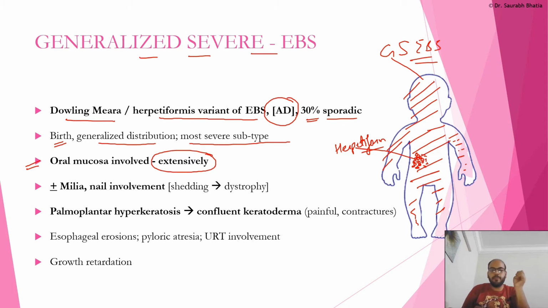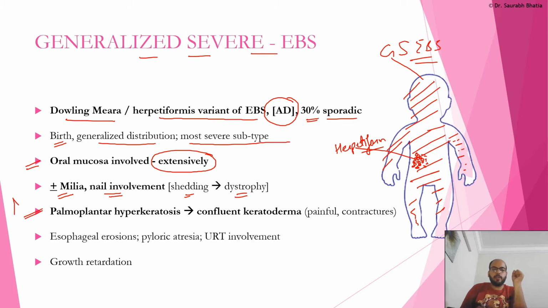There can be plus minus milia. Now remember, in EBS simplex subtypes, the split is very superficial, so it may or may not have milia, but as we go down at the level of split, the probability of milia rises. There can be nail involvement, initially starting with shedding and later nail dystrophy.